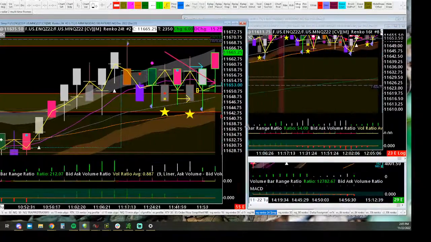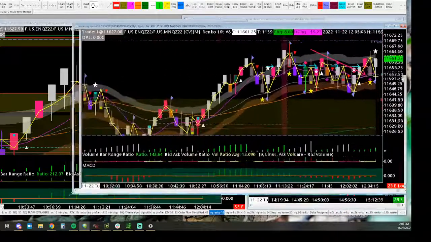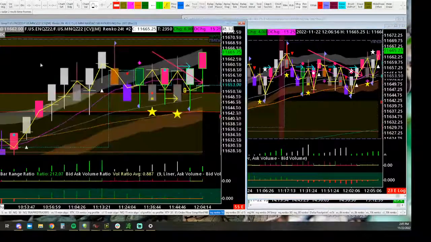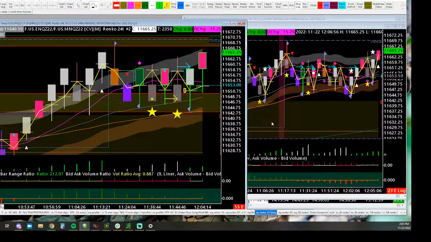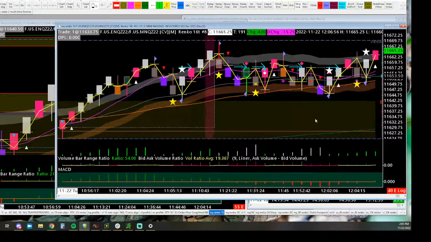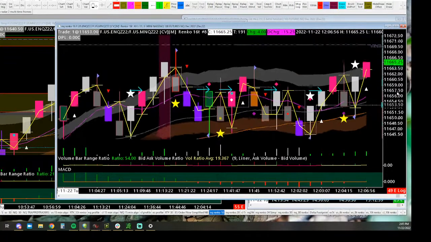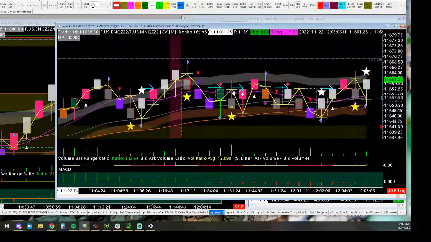But the other thing I could have done is jumped down to the smaller time frame. Now this is a little harder to see because everything happens faster, but it was such a slow day today that I could have been trading on the 16 tick. And had I been trading on the 16 tick, what you'll see here is a much better looking scenario.